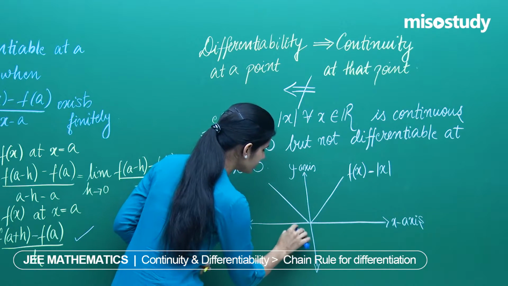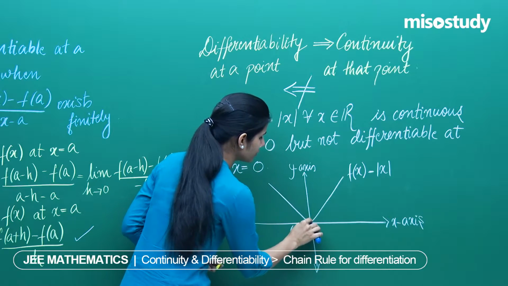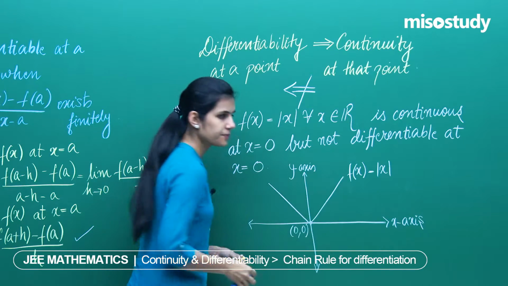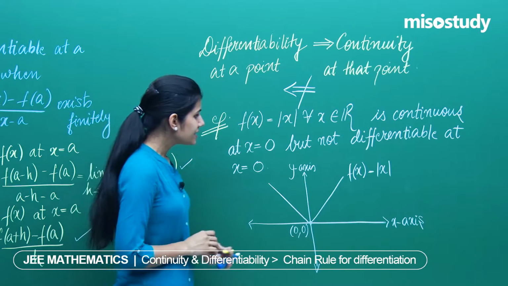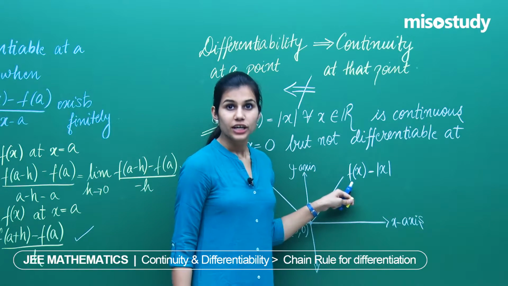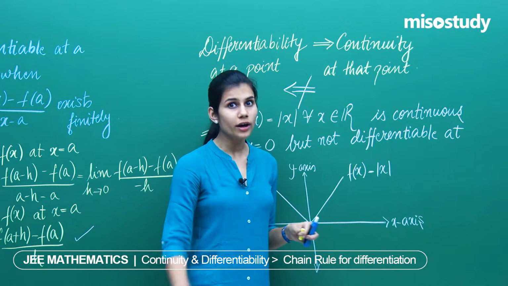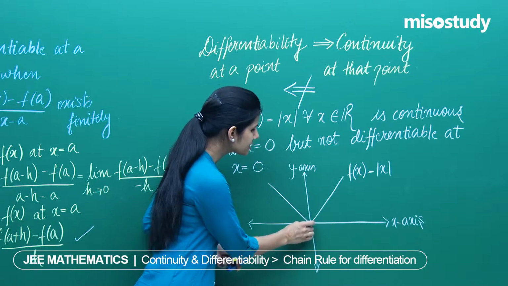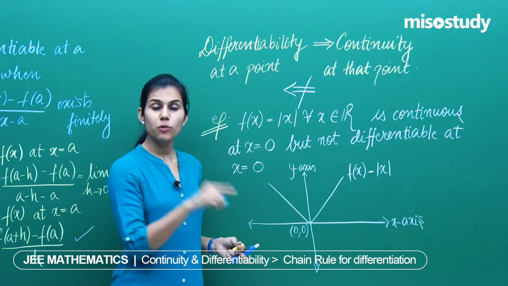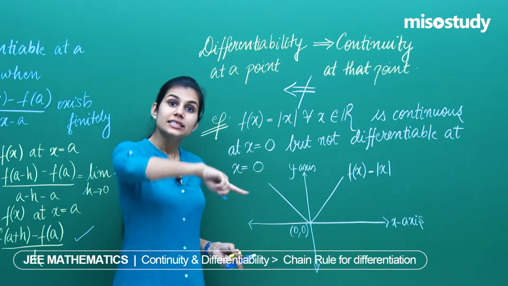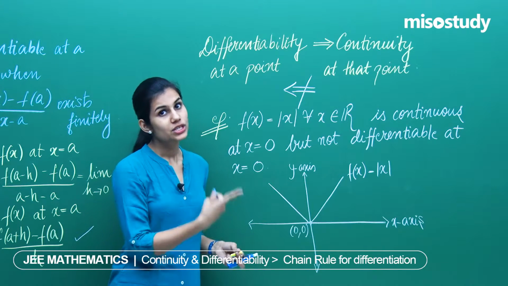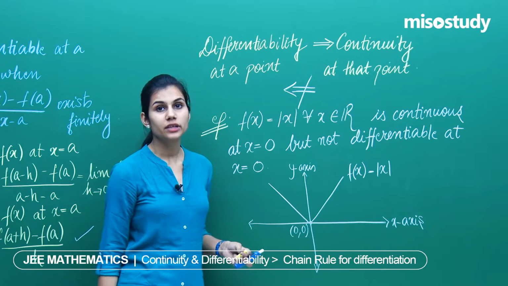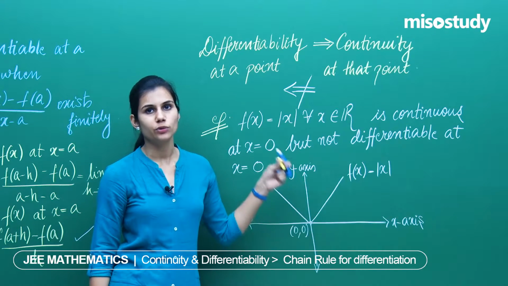And this is your (0, 0). Okay? If this is the f(x) equals mod x graph, you can see there is one corner point in the graph. The corner point is this. Corresponding to the point 0 in the domain, (0, f(0)), which is (0, 0), is a corner point in the graph, in the curve of y equals mod x.